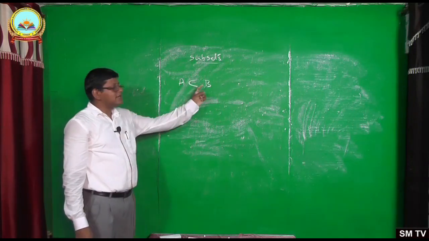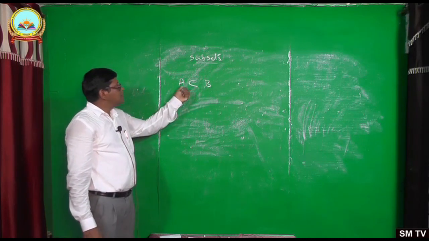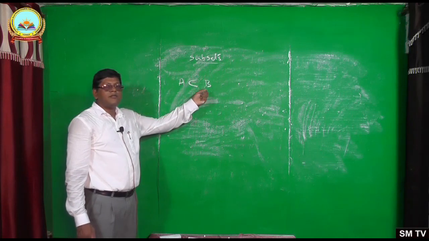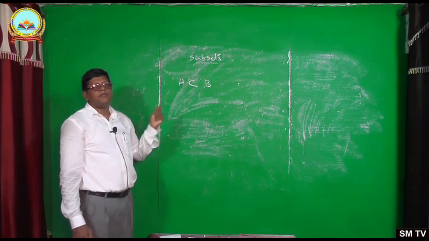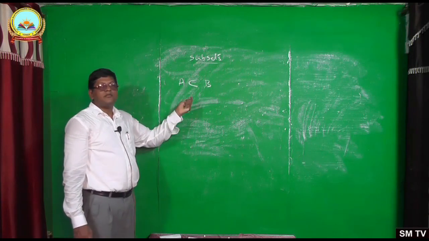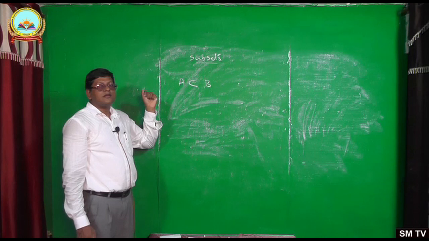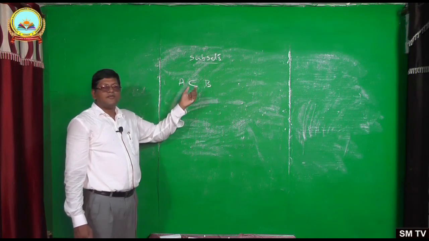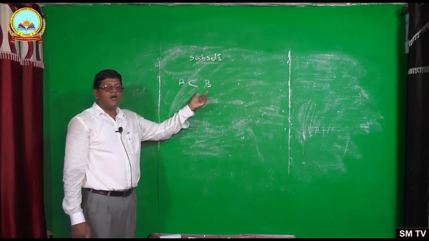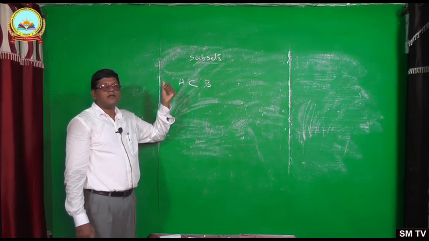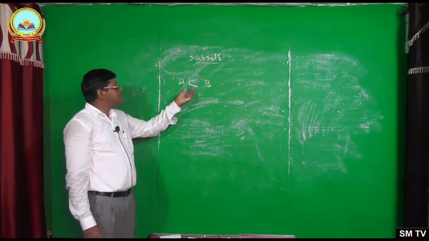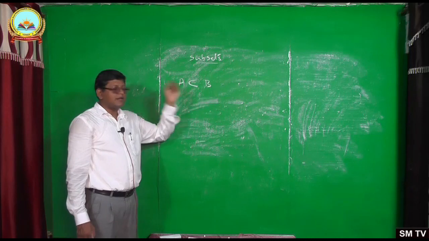This means A is a subset of B, or this can also be read as A is contained in B, or B contains A. I repeat, the set A is said to be a subset of set B if every element of A is also an element of B. In that case, we write in symbols like this: A is contained in B. Okay.